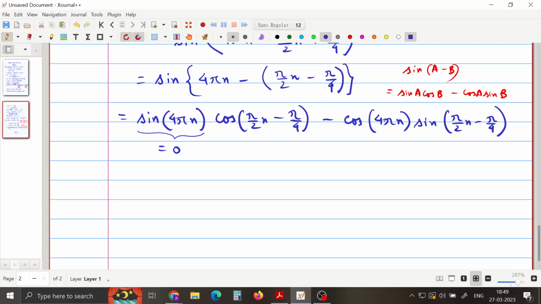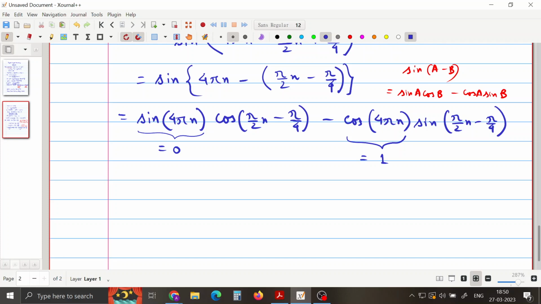Now tell me what happens to this term, cos 4 pi n. Cos value will be plus 1. Yes, plus 1. Because this is an even multiple of pi. So cos of any even multiple of pi. We have 4n pi, and 4n is an even number.